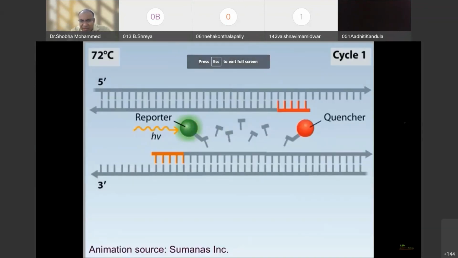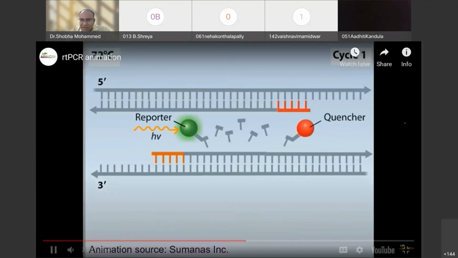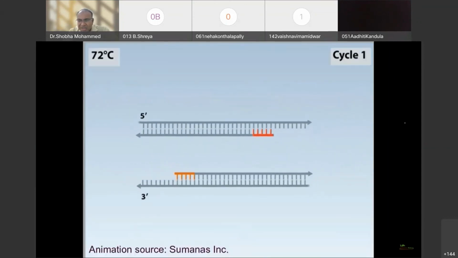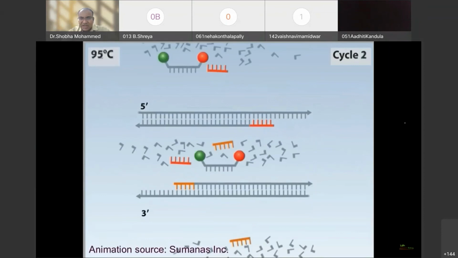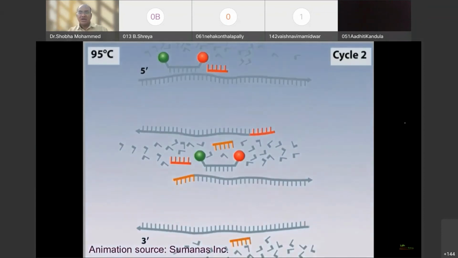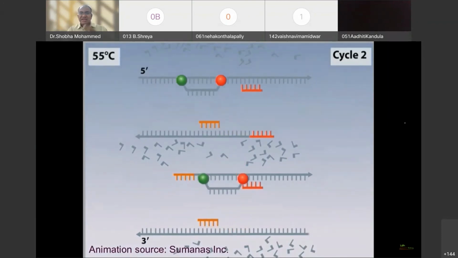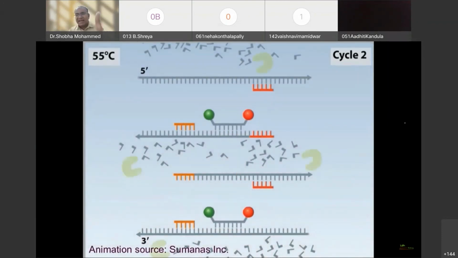So now the light hits the reporter dye and the quencher dye. Whenever they are separated, the formation of the new DNA will be stopped. So for the next set, I have two molecules of the DNA. Did you see here? This one cycle is completed, the second cycle is starting here.